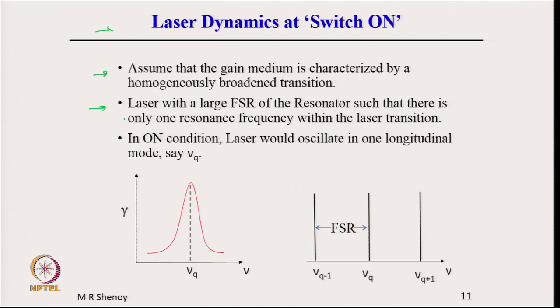We have already explained this in detail in the earlier slide, and in the on condition the laser would therefore oscillate in one longitudinal mode only, say nu q, corresponding to the peak or somewhere near the peak. This is an assumption which is possible, as I have already told you that it is possible to make the laser oscillate in only one longitudinal mode.